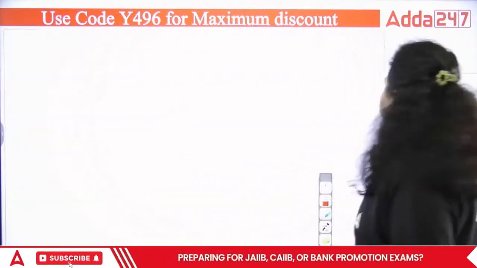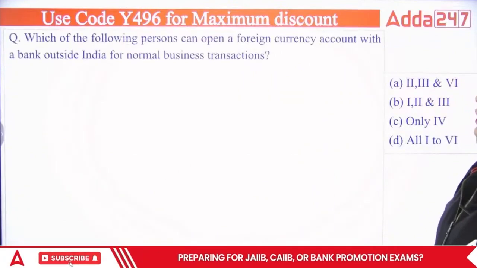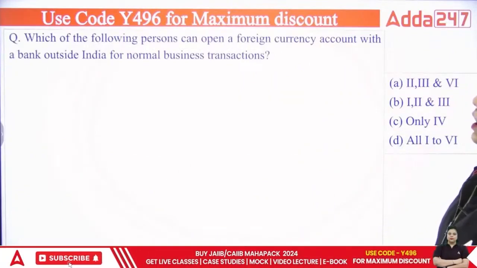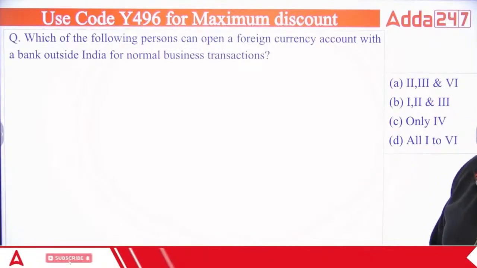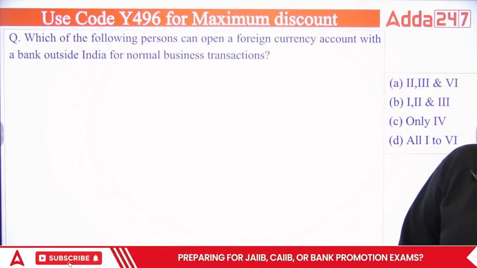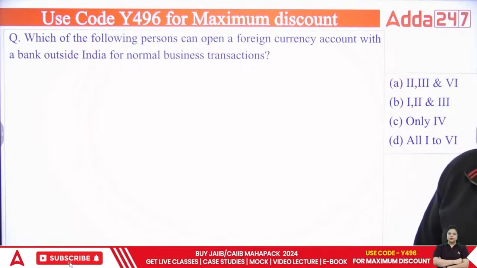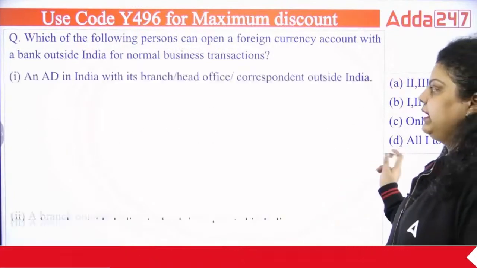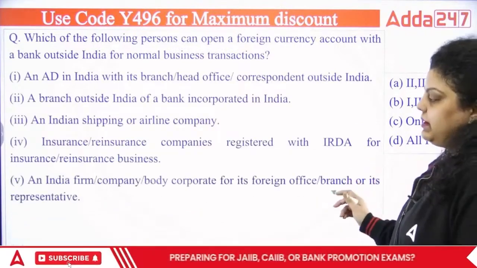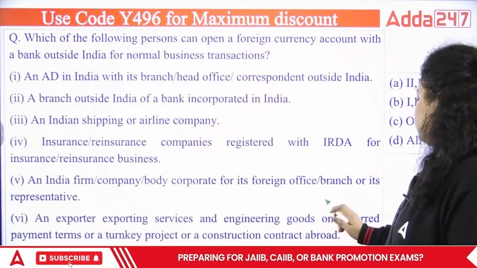Okay, next we have which of the following persons can open a foreign currency account with a bank outside India for normal business transaction. So the question is asking which of the following persons can open a foreign currency account with a bank outside India for normal business transaction. And these are the statements in front of you, you have to answer.